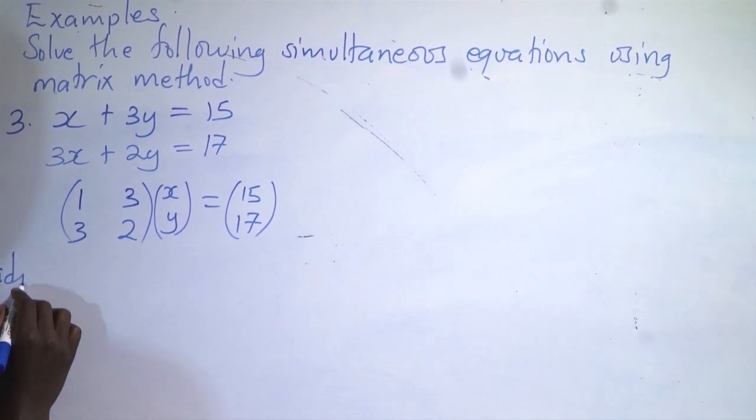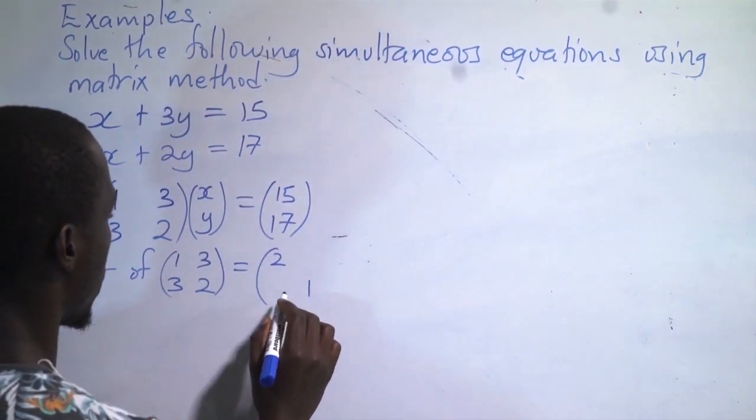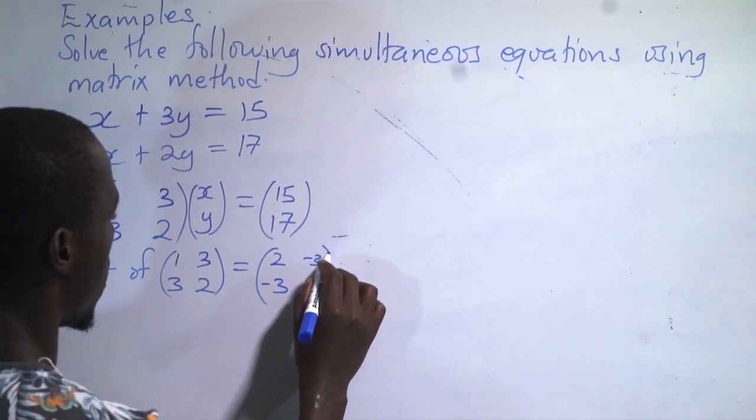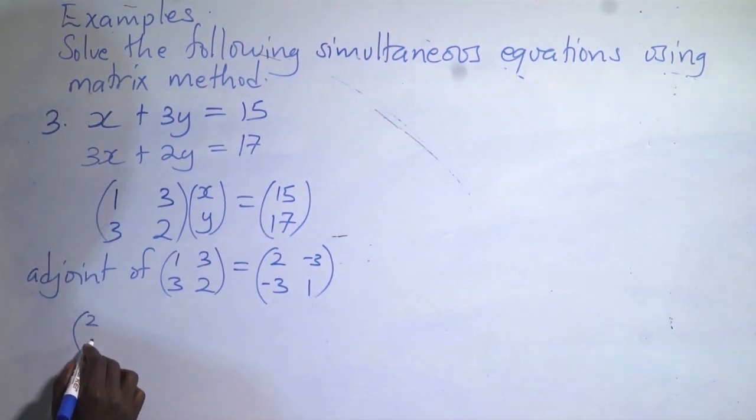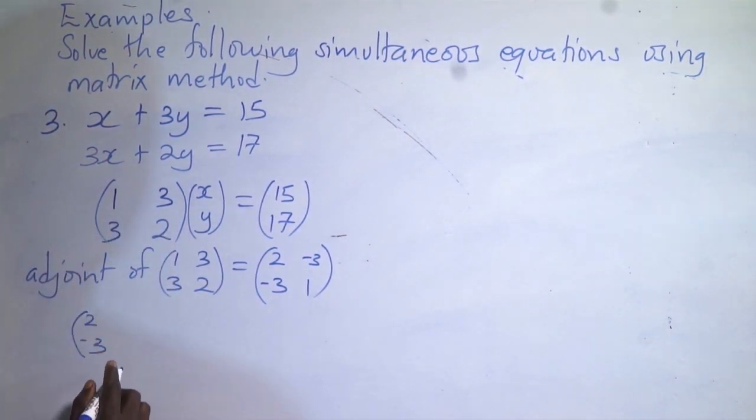Then the adjoint is equivalent to, we interchange the leading diagonal, change the sign in the minor diagonal, then we have to multiply the adjoint on both sides of the previous equation.